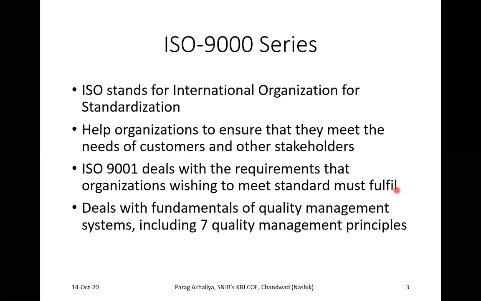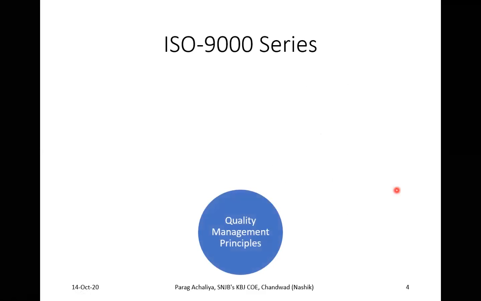It deals with the fundamentals of a quality management system, which includes 7 quality management principles. This ISO standard is going to check whether all the 7 quality management principles are satisfied or not. So let's see the different 7 quality management principles.